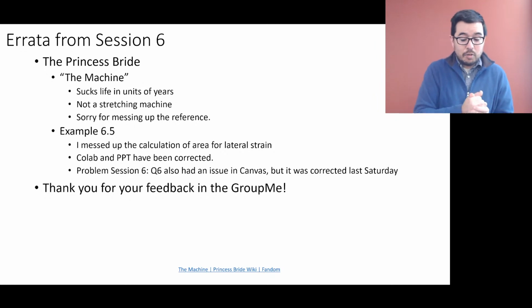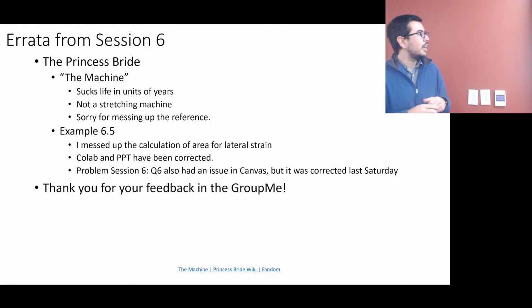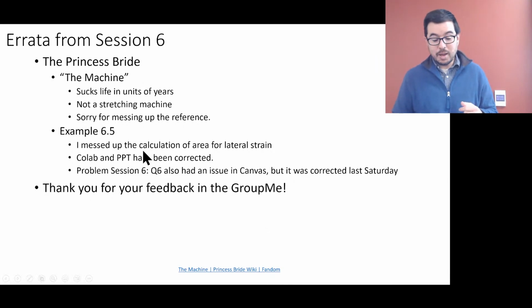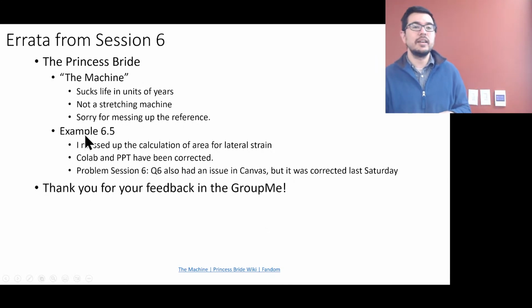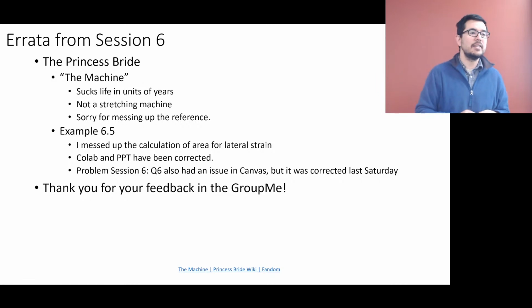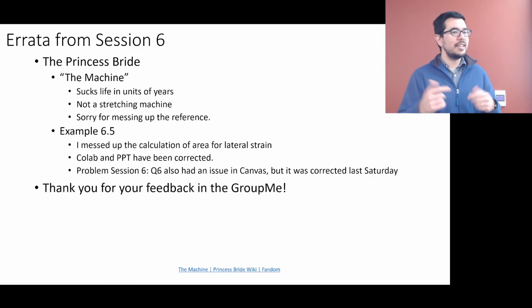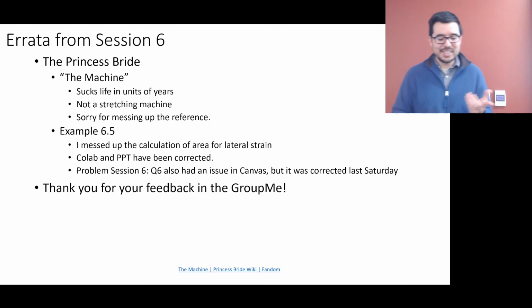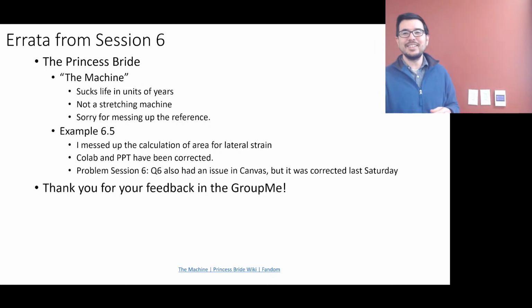Over the weekend, on Saturday, there was an issue with my calculation for an area and a conversion, actually in the same denominator. I was surprised. That was example 6.5. It's been corrected in Colab and in the notes.